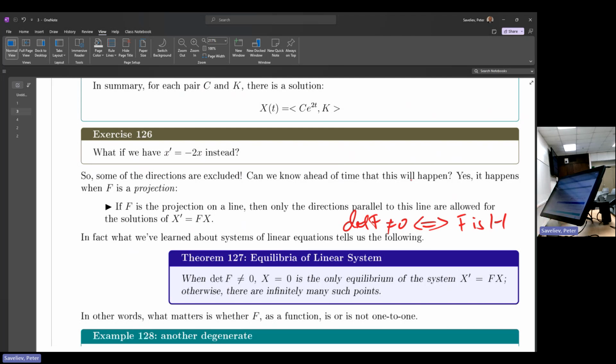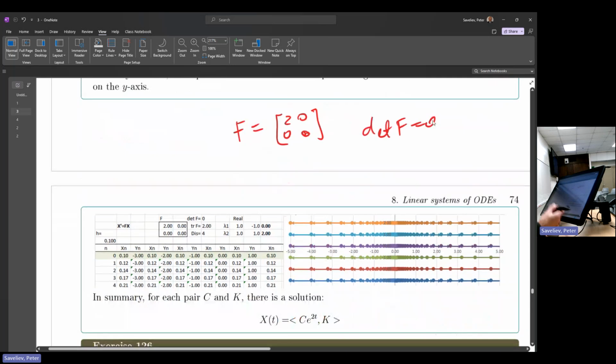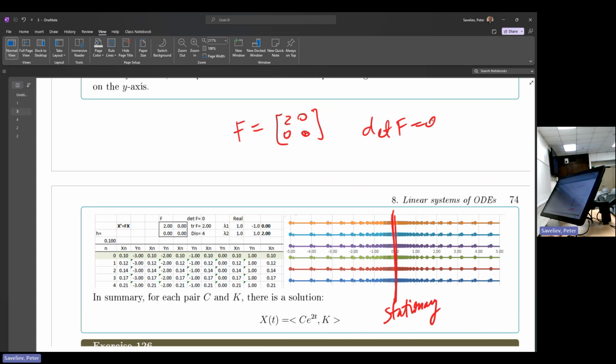So that's the good news, and that's primarily what we concentrate on. Otherwise, there aren't many such points. Look at it, the whole x-axis, these are stationary points. Right, so if you are at 0, if your population, hold on a second, please.